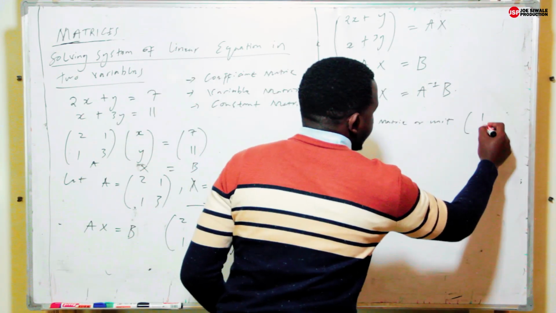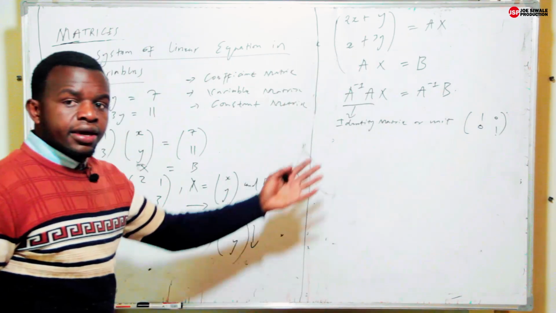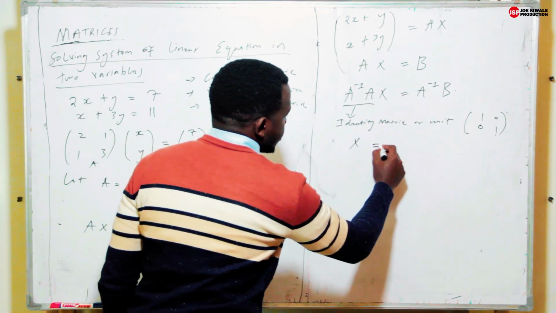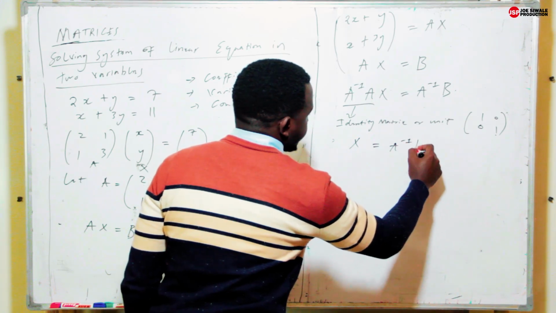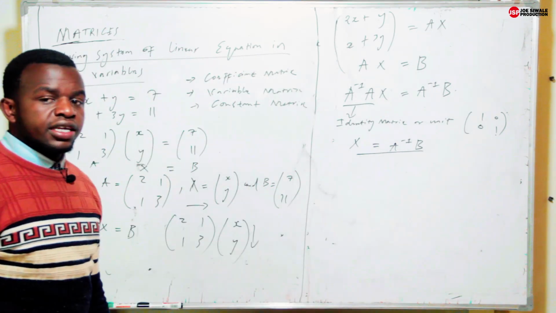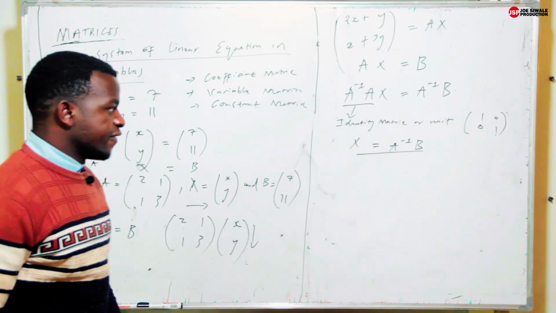So to break this down, we're going to have x is equal to the inverse of A multiplied by B. So this is going to be the formula that we're going to use for us to find our x and y variables.